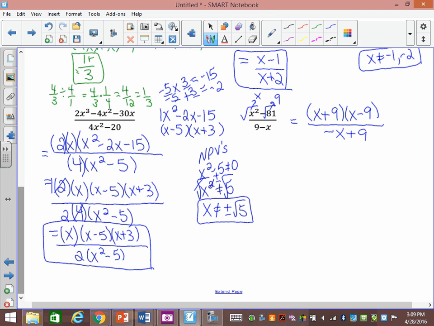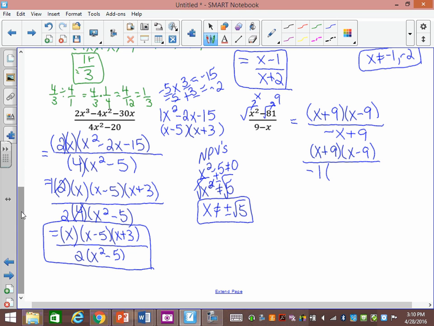Now why I do that is I can see somewhat similarities in the numerator and the denominator. In the denominator, I have negative x plus 9. In the numerator, I have positive x minus 9. So I have the complete opposite. So if that's the case, I can take a negative 1 out of the denominator. So here I have x plus 9 on the top, x minus 9 on the top, and in the bottom, I can take a negative 1 out.